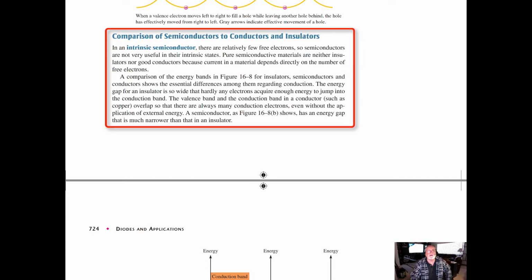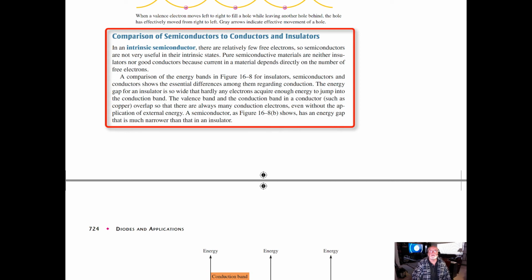If we look at a comparison of the energy bands for insulators, semiconductors, and conductors, we can see the essential differences among them regarding conduction. The energy gap for an insulator is so wide that hardly any electrons acquire enough energy to jump into the conduction band. The valence band and the conduction band in a conductor, like copper, overlap, so there are always many conduction electrons, even without the application of external energy.